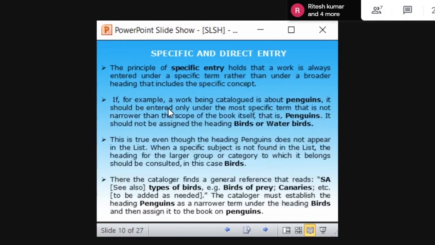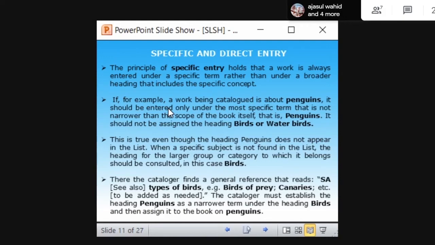Remember that. So what is the principle of specific entry? It holds that the work is entered under a specific term rather than a broader term. If a work is being catalogued about penguins, it should be entered only under the specific term, not a narrower term than the scope of the book itself. That is penguins.